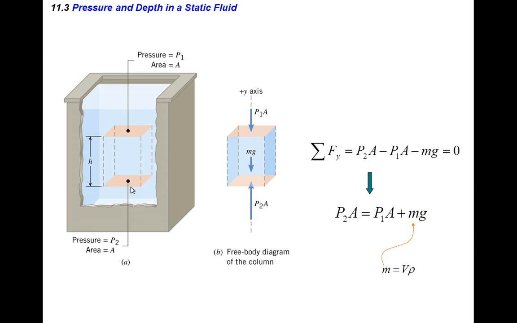Since pressure equals force over area, force equals pressure times area. So here we have our classic, mostly from Physics 1. The net force in the y-axis equals the force up minus the force down.